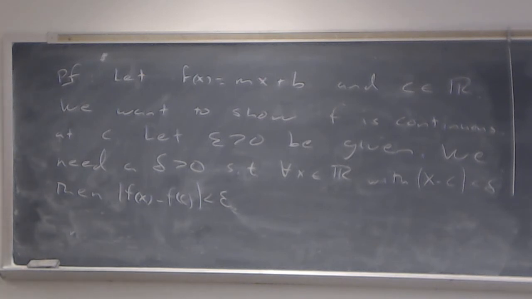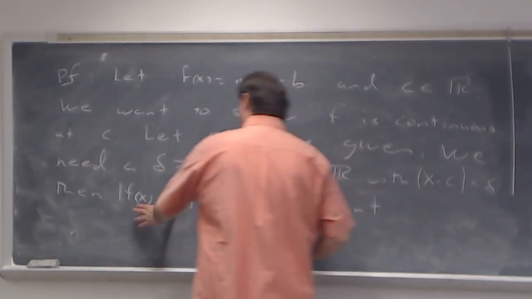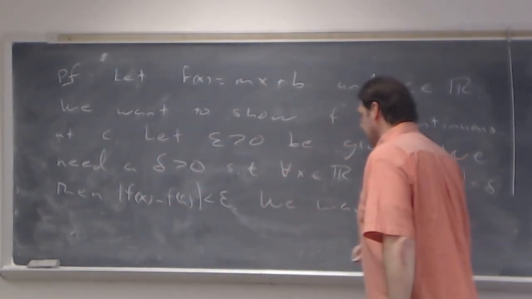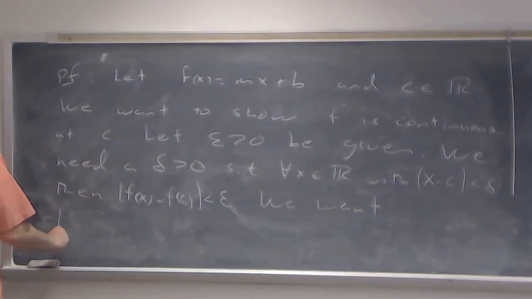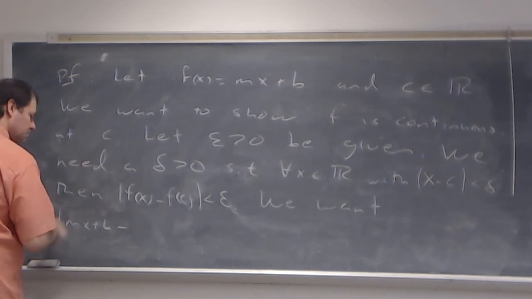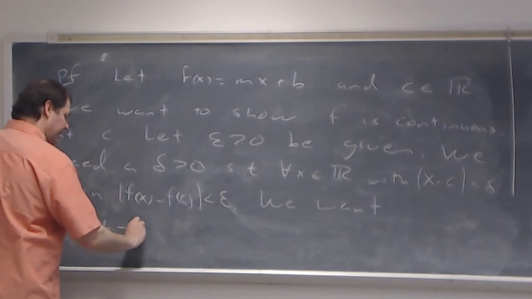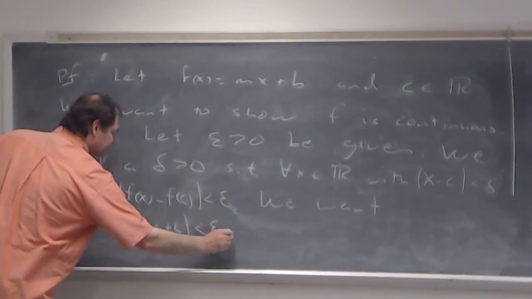Okay, so I want this, f of x minus f of c. So let me write that down. What is f of x? Well, it's mx plus b minus, what's f of c? It'd be mc plus b. We want that to be less than epsilon.